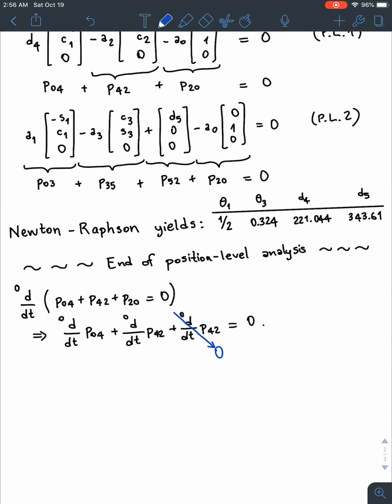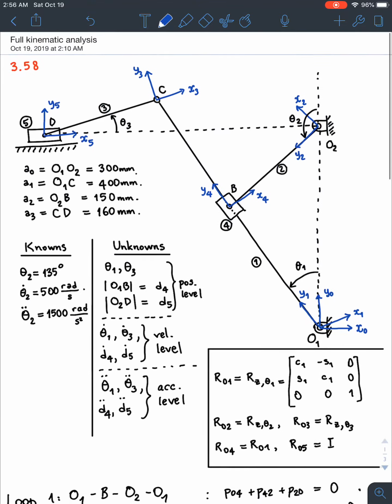Okay. Now, we need to analyze what the vectors p04 and p42 look like. So let me go back up to the figure and check them out. P04 is the vector that goes from the origin of the zeroth frame to the origin of the fourth frame. So that vector is not fixed in any frame, unfortunately.